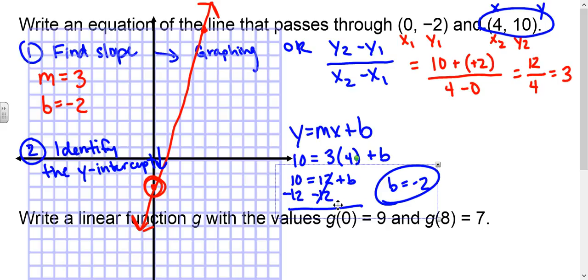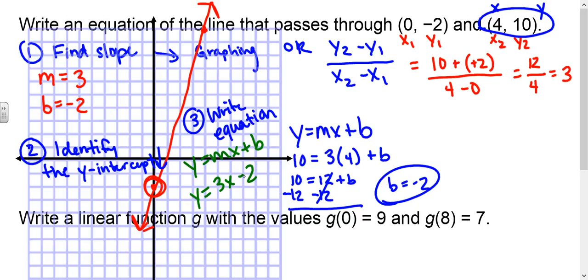Okay, so now we can go ahead and write our equation. So step 3 would be to write the equation. And again, it's going to look like y equals mx plus b. So if I have y equals mx plus b, then I get y equals m, which is my slope, which is 3x, and then my intercept is -2, so I could put -2.